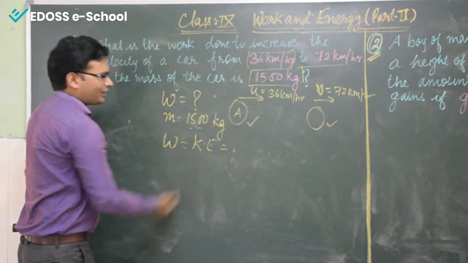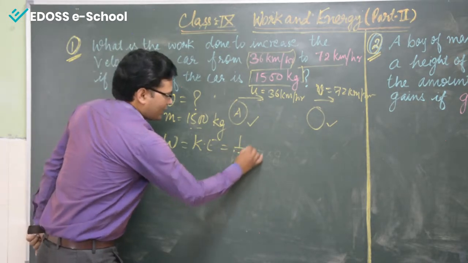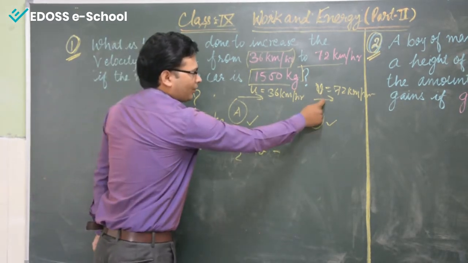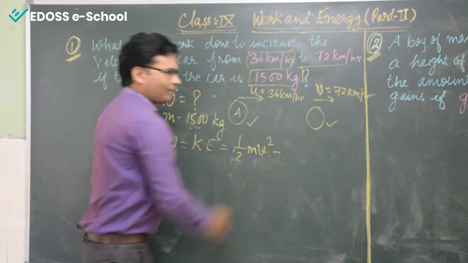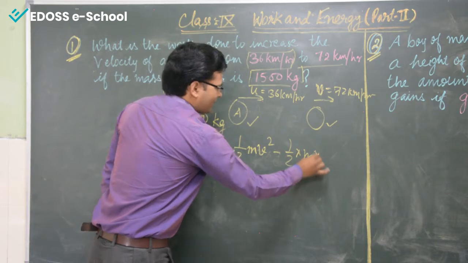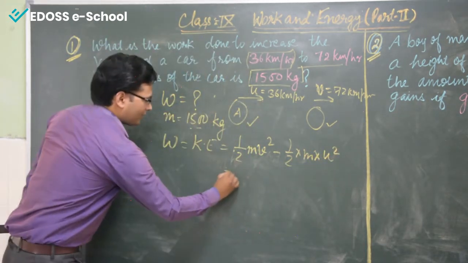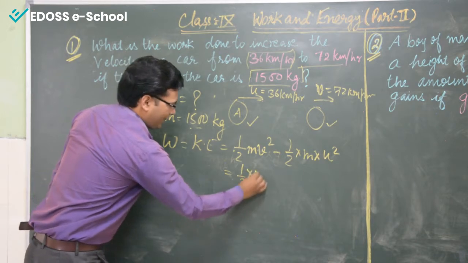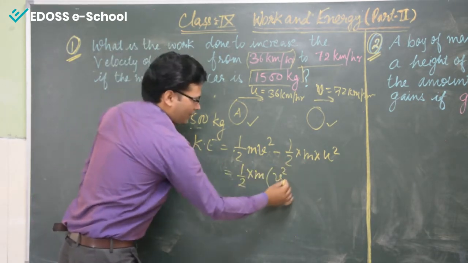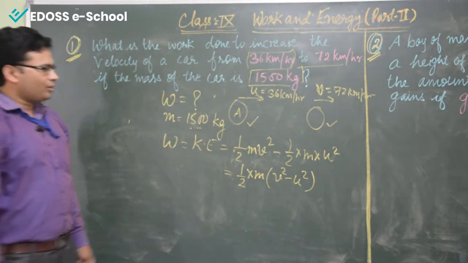So the total work done is final kinetic energy minus initial kinetic energy, which means 1 by 2 into mass into velocity square minus 1 by 2 again the mass and the velocity, which is u. So this becomes 1 by 2 m, we have taken common 1 by 2 m, and the leftover part is v square minus u square.